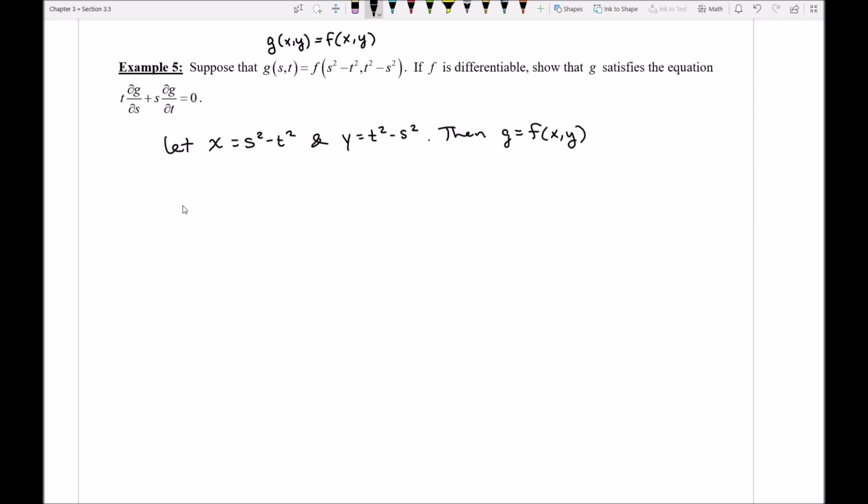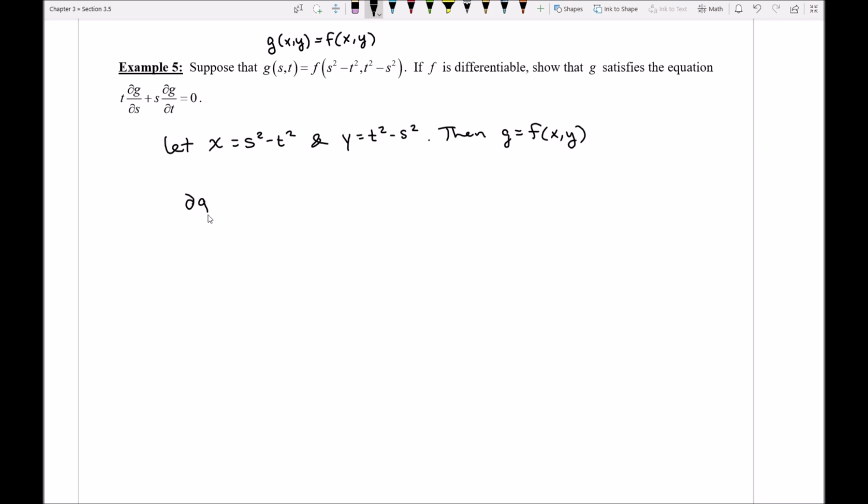So I'm going to compute a partial derivative of g with respect to s, but also a partial derivative of g with respect to t. It seems like I need those pieces, and maybe if I have them, it'll be easier to see if and why this thing here is true.